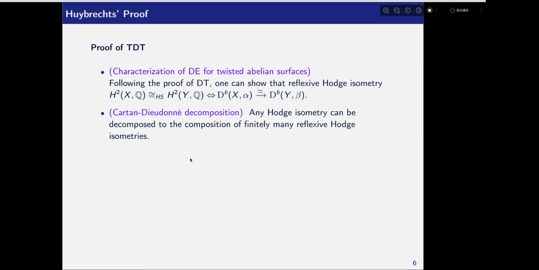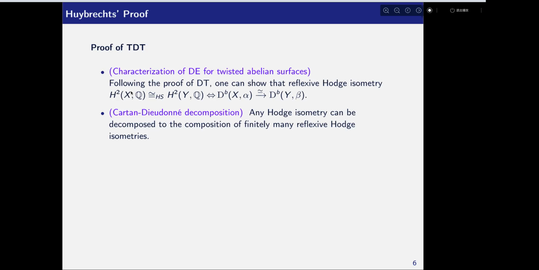And similarly, we can go to Huybrechts' proof of the twisted derived Torelli theorem. He first characterized the derived equivalence between twisted K3 surfaces. Basically, we can follow the proof of the derived Torelli theorem and show that there is a special Hodge isometry.